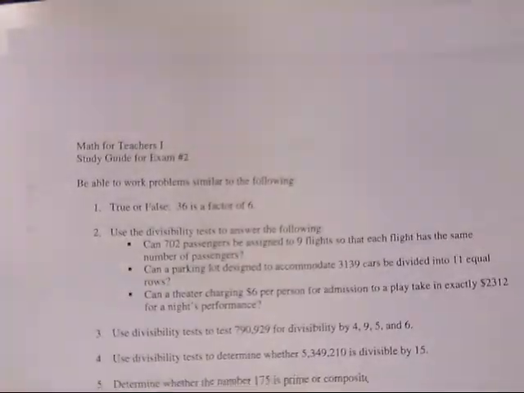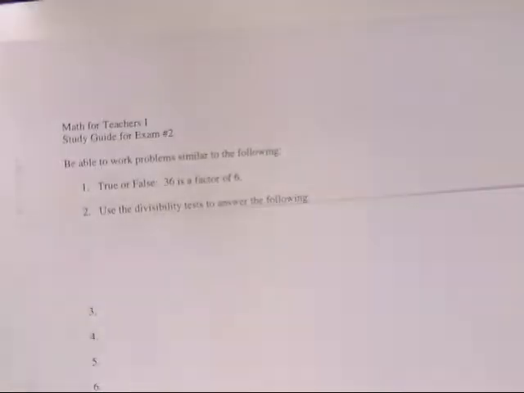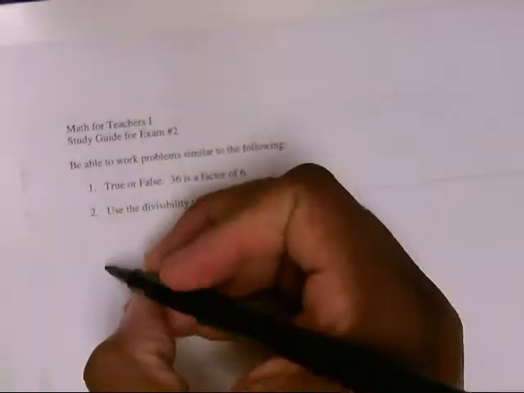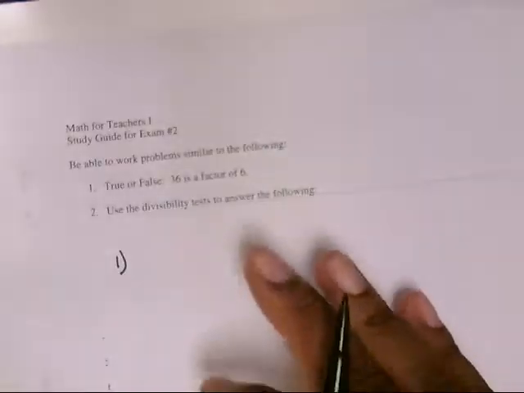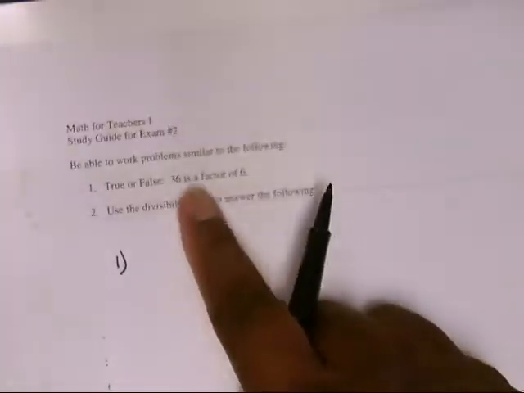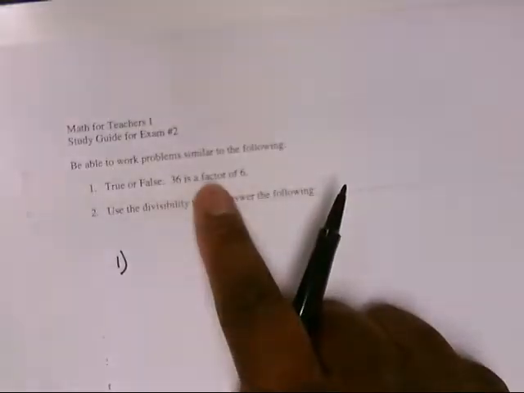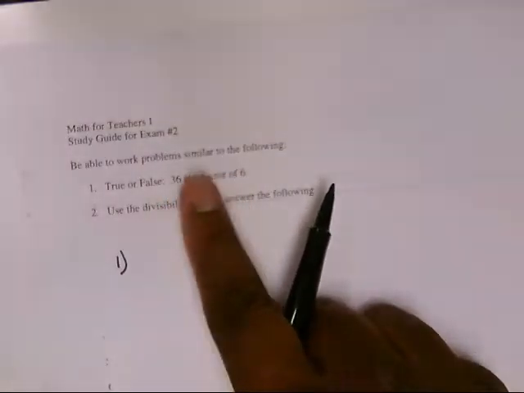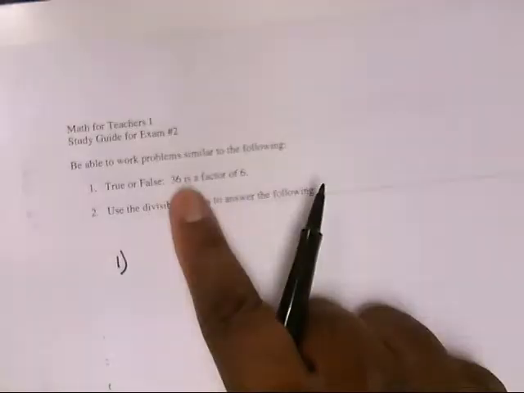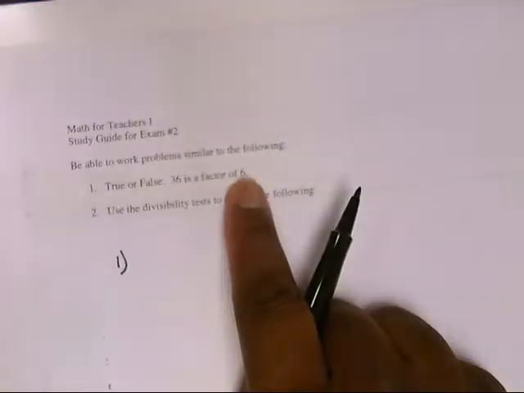Okay, in problem number 1, it's just a true-false statement where 36 is a factor of 6. And you just have to answer true or false. In this case, the word factor means that it has to be a number multiplied by another number that's going to give you 6.